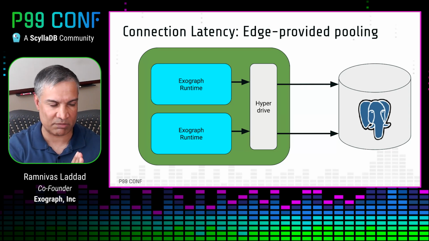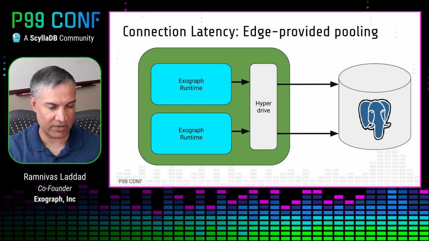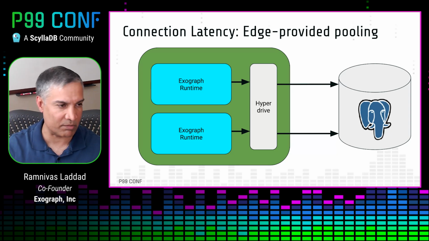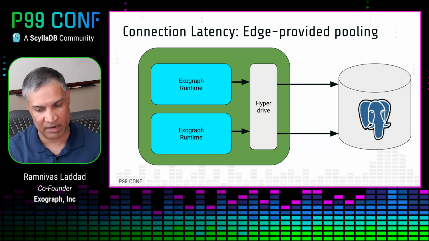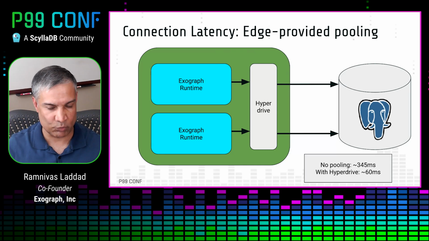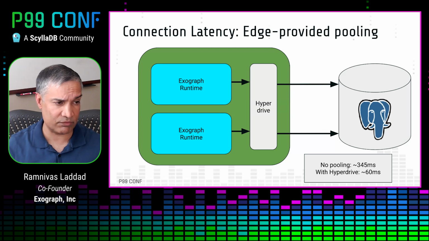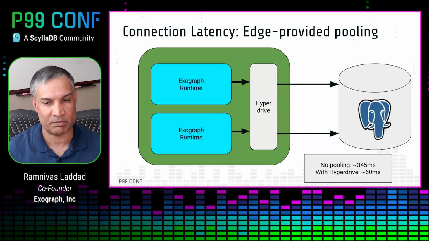This shifts responsibility for pooling from the runtime to the edge itself. It will keep warm connections, and it will give you essentially a local connection between the Exograph runtime and Hyperdrive. The result was, when we didn't use any pooling, we got about 345 milliseconds cold round trip response time. With Hyperdrive, that reduced to about 60 milliseconds. So it's a pretty good win.